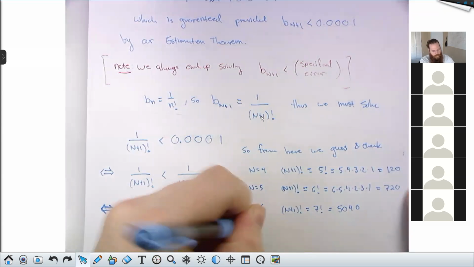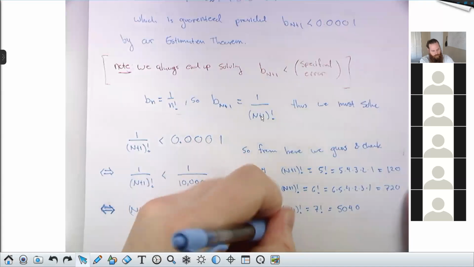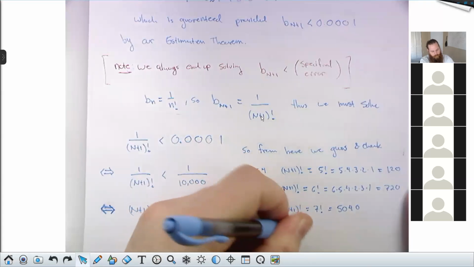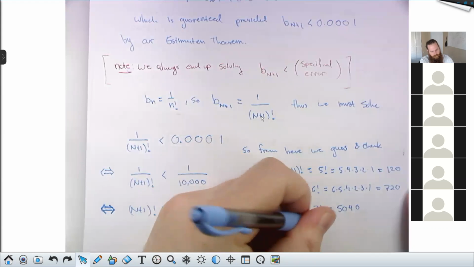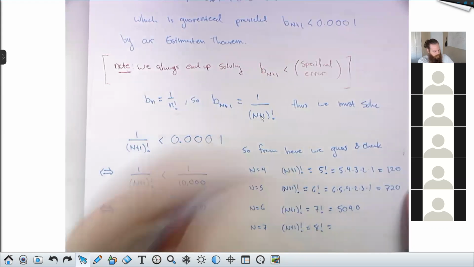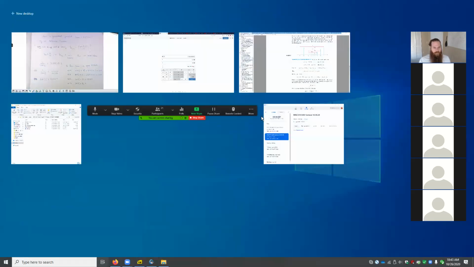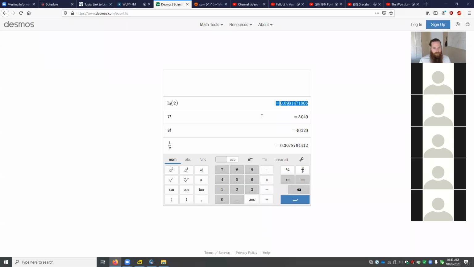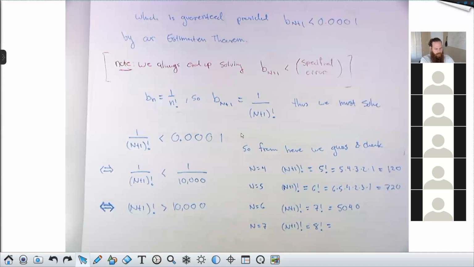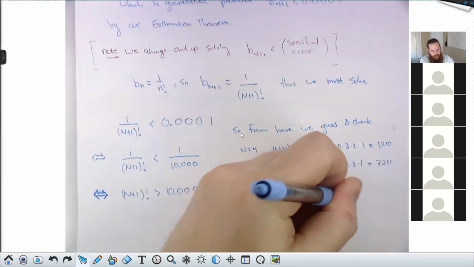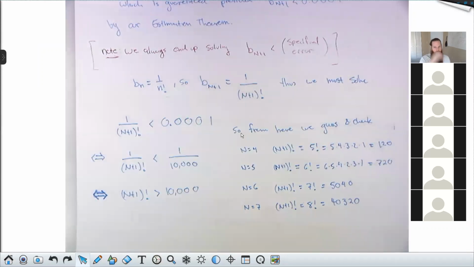And when n is 7, n plus 1 factorial is 8 factorial, which is bigger than this. I did this calculation earlier. Yeah, 40,320. So n equals 7 is the first one that works.